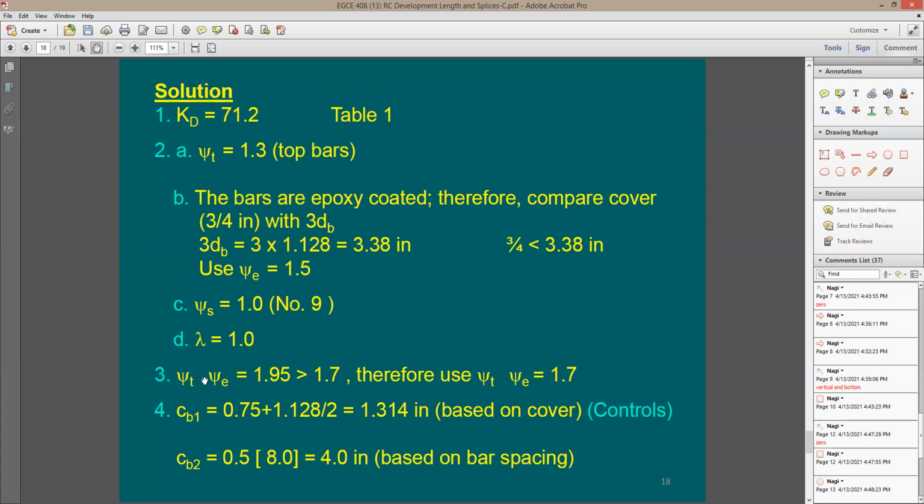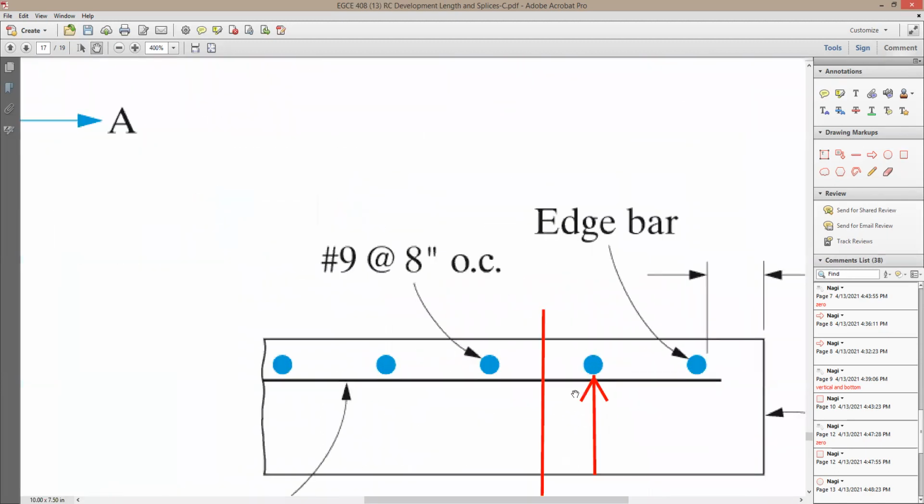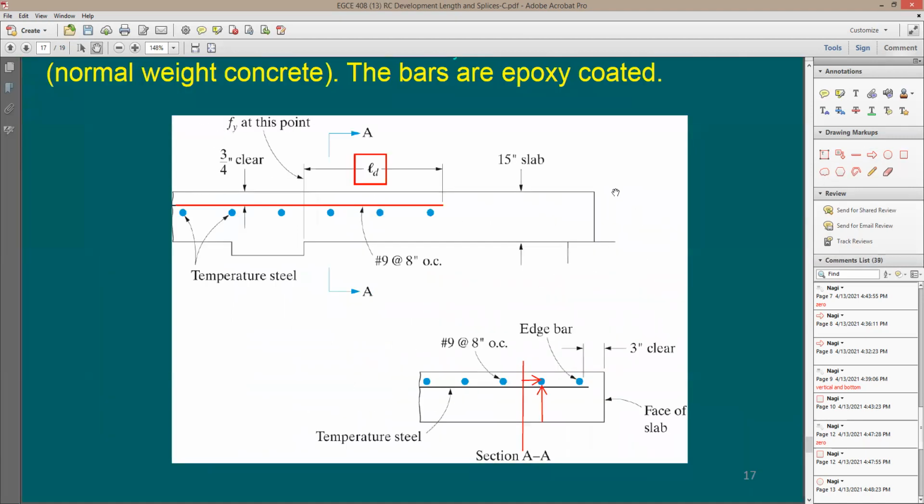The product psi_t times psi_e is 1.95, so I'm going to be using 1.7. Now the C sub b1 and 2. I guess you guys know how to do here C sub b1 and 2. Look from the center of the rebar to the top, and from the center of the rebar to 1/2 the way between these two rebars, like this distance here. It's going to be C_b1 and C_b2.